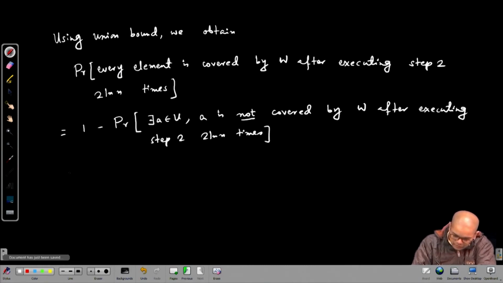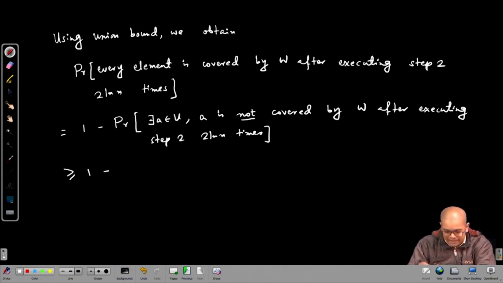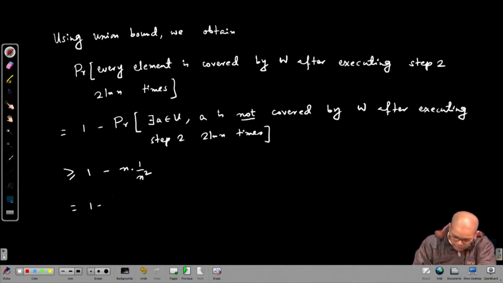This is greater than or equal to 1 minus, now there are n elements, so n times we are adding 1 over n square, this is 1 minus 1 by n.